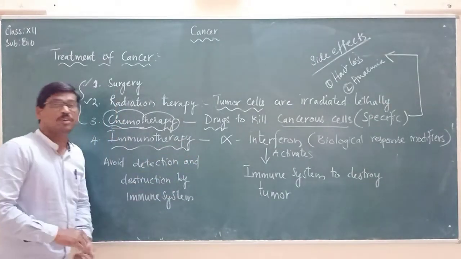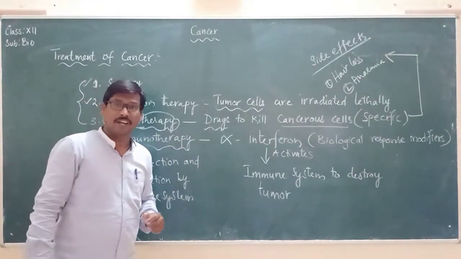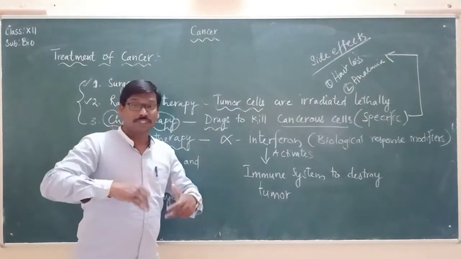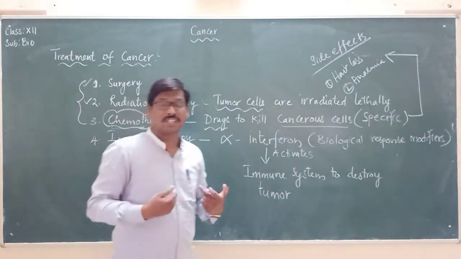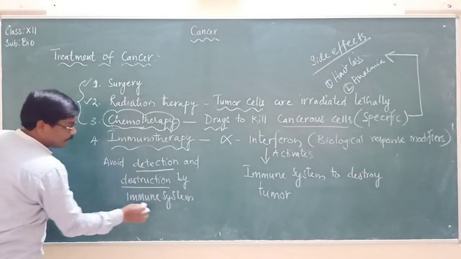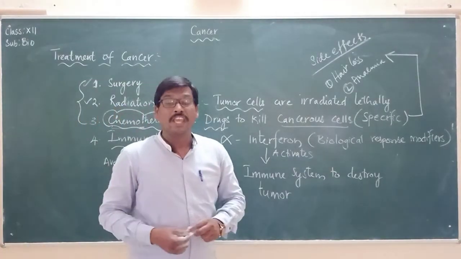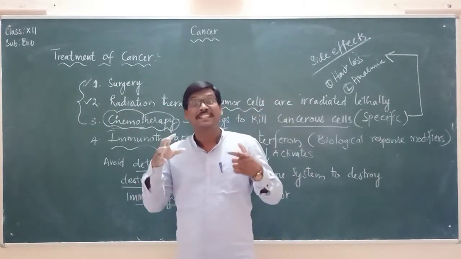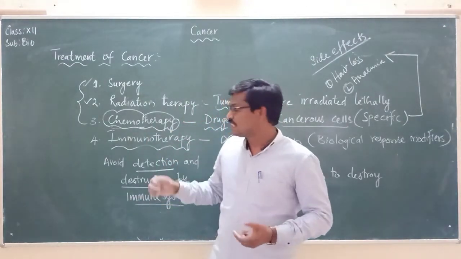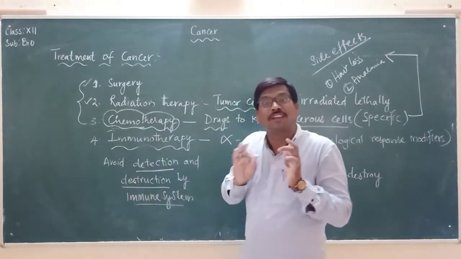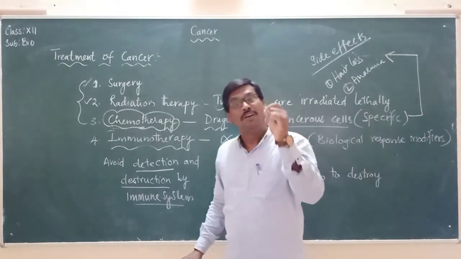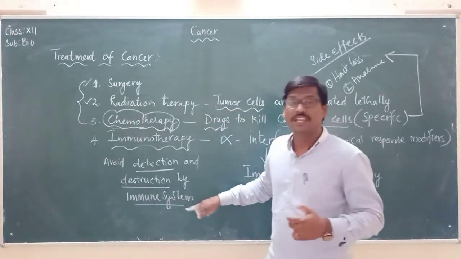The last one is immunotherapy. Here, a very important point we have to remember is that the cancerous cells, which are multiplying and causing damage in the body, will be avoiding detection and destruction by the immune system, which means the immune system cannot easily identify the cancerous cells present in the body, because the cancerous cells will try to protect themselves from the immune system.